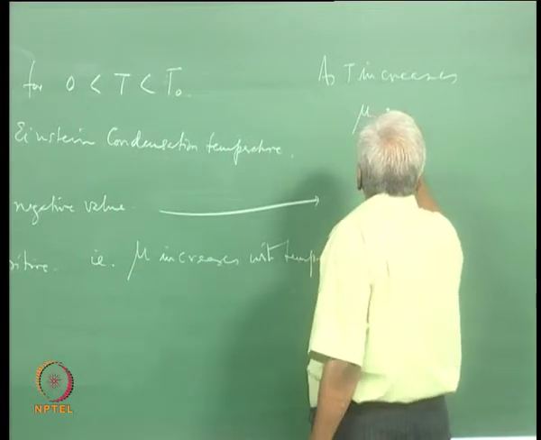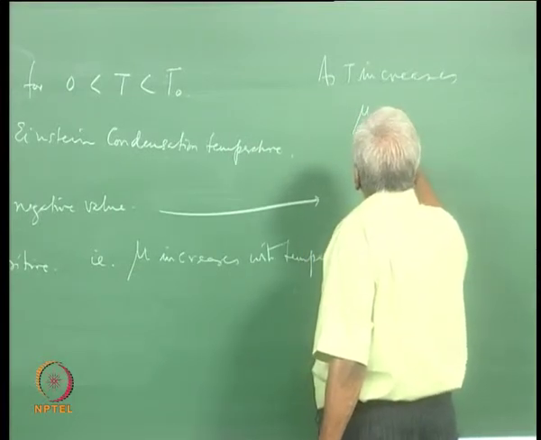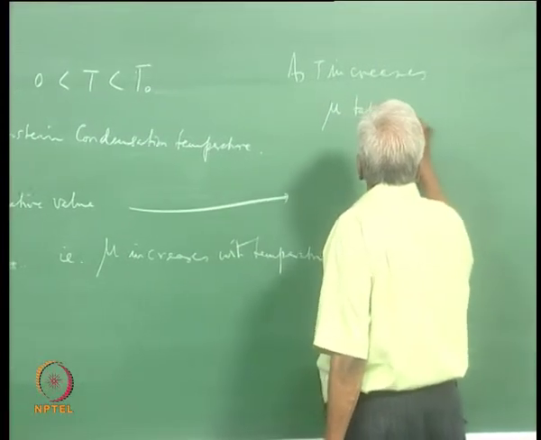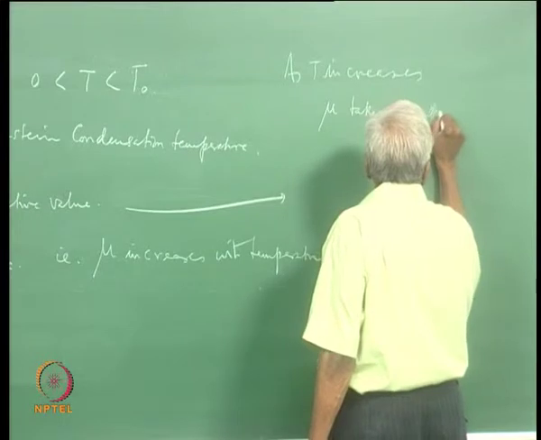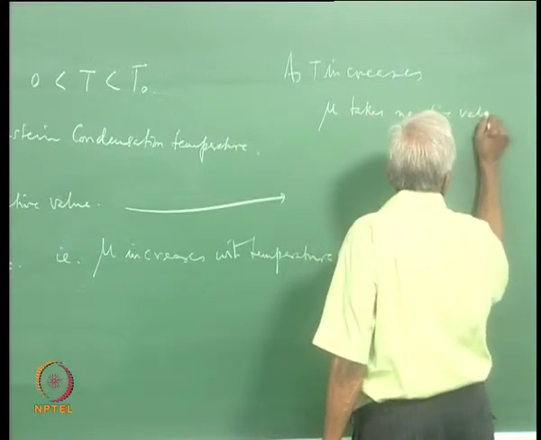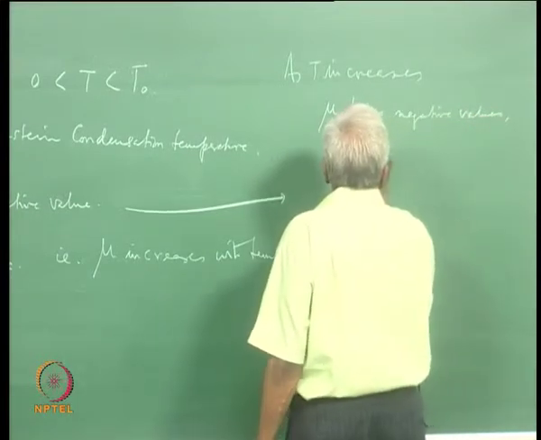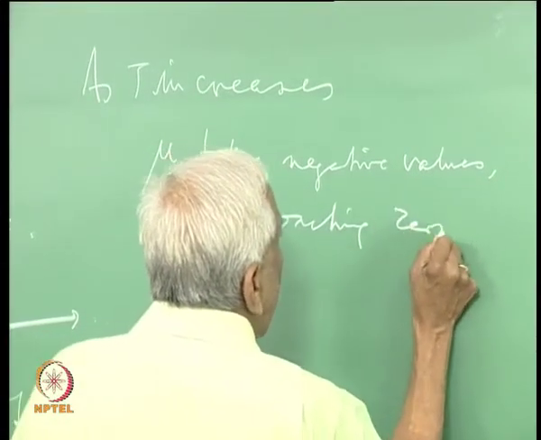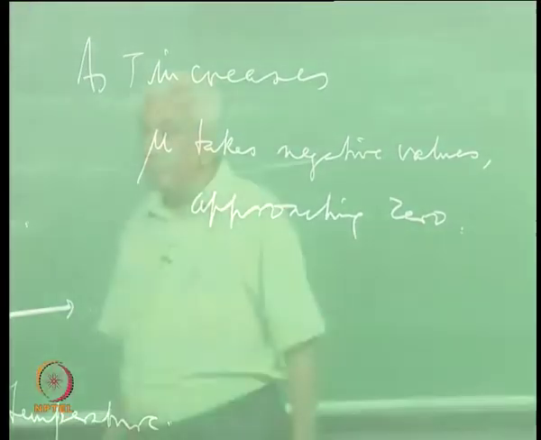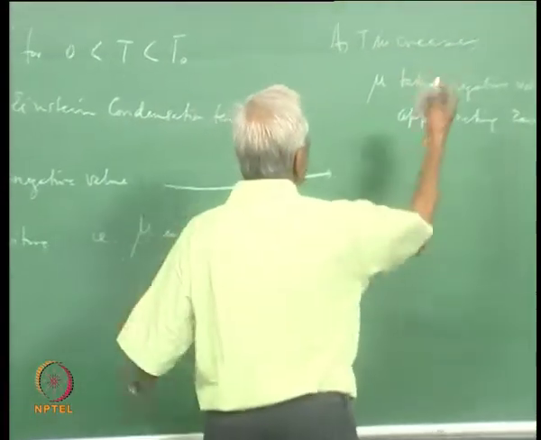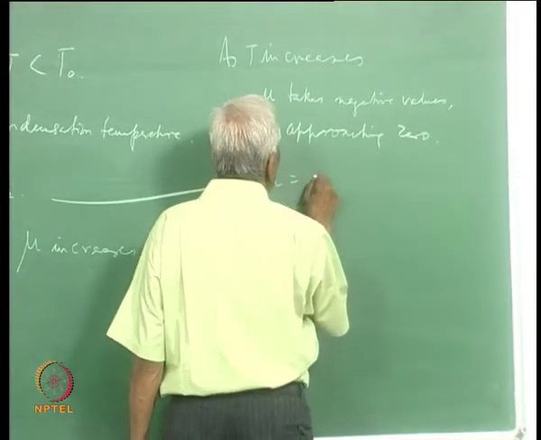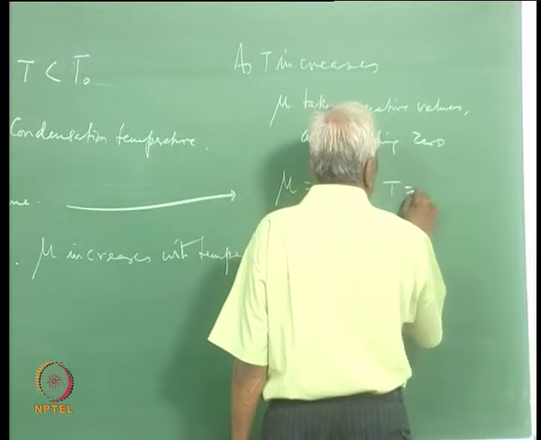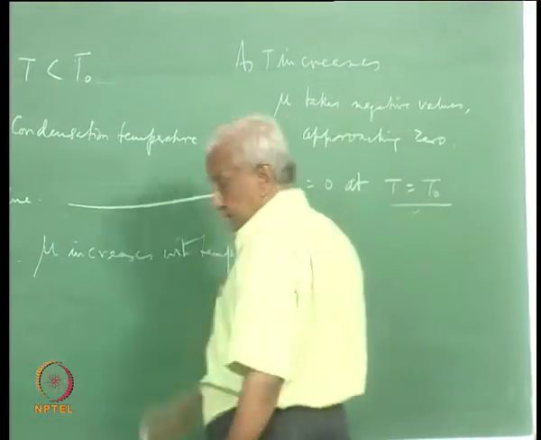That means it takes negative values approaching 0. So, eventually mu becomes equal to 0. This is what happens at T equal to T naught. This is how we defined T naught.